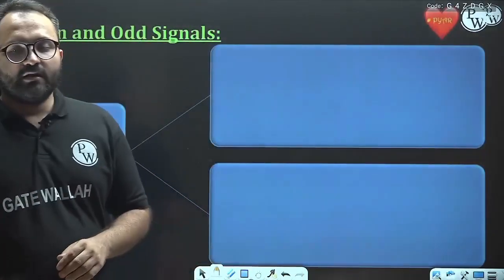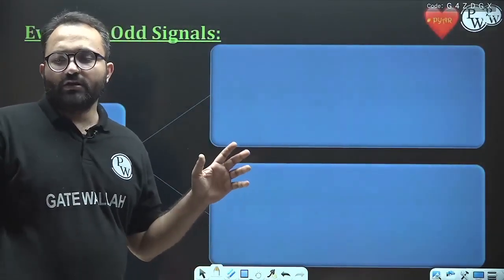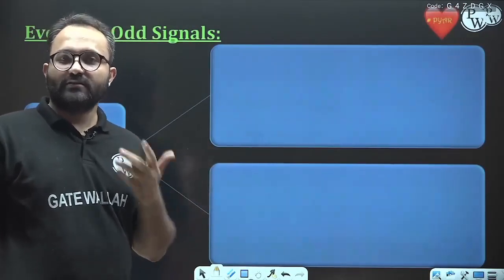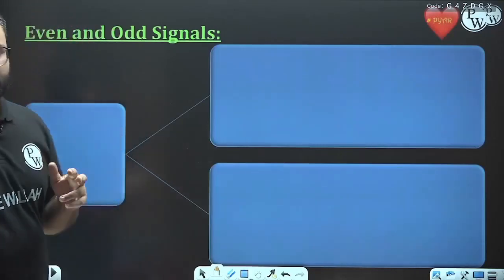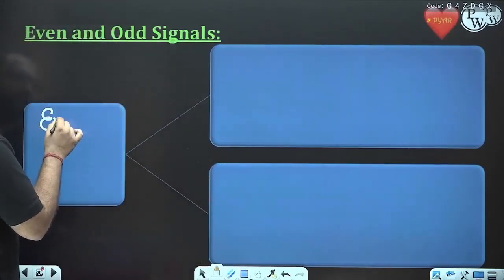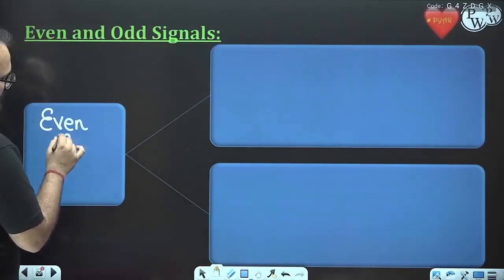Now let's move on to even and odd signals. This actually is not very important, but many times in continuous time Fourier series and Laplace transforms, these things are very important. What is an even signal, what is an odd signal? That's why we are going to study it here.